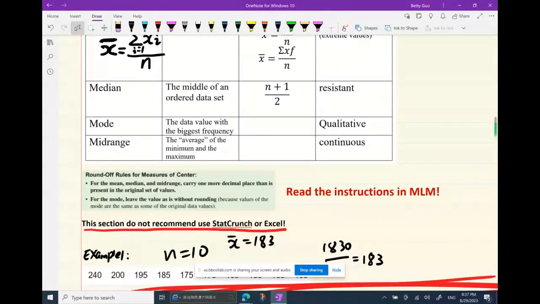Firstly, I want you to remember or write down the definition. It's really all about the definition. And then I'm going to give you some examples and then we practice. Mode, again, refers to a value in the data set. Which value? The value with the biggest frequency.